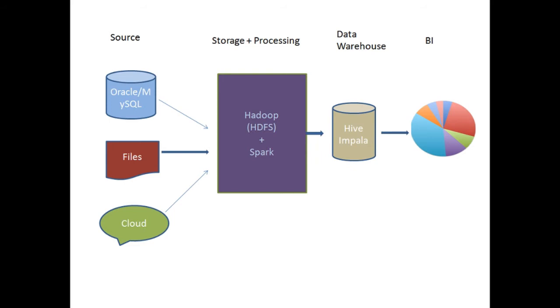As part of this Hadoop project, our job is to read the data from the source, load it into Hadoop, process it in Hadoop using Spark and Scala or any preferred programming language, and store that final result into a Hive database as a Hive table.